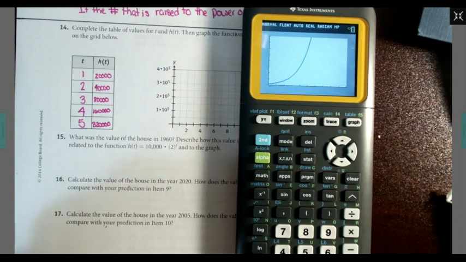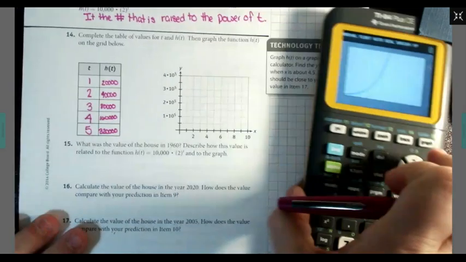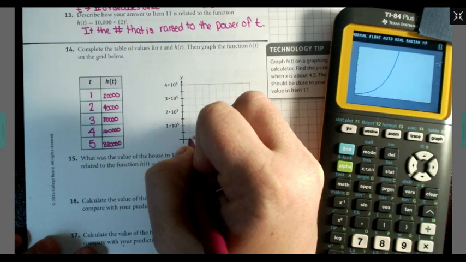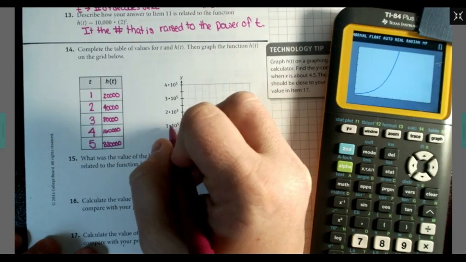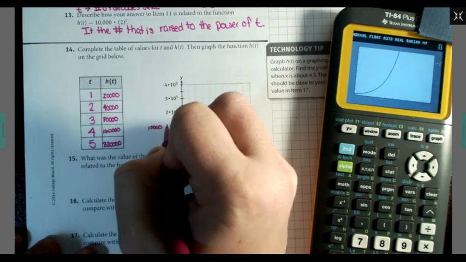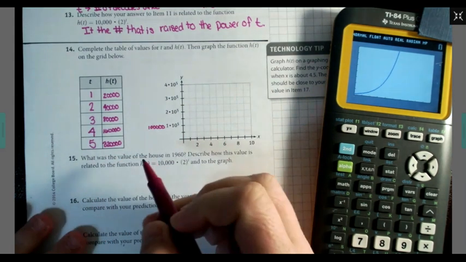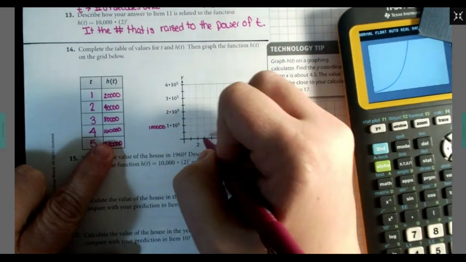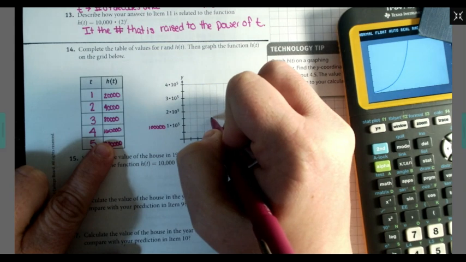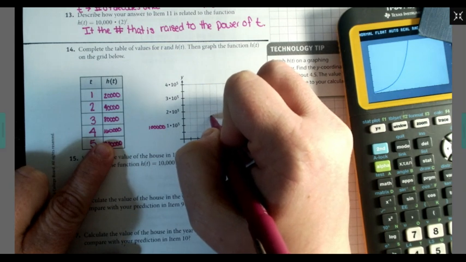Okay. So at 1, this is the same thing as saying 100,000, right? So at year 4, it's at 160.